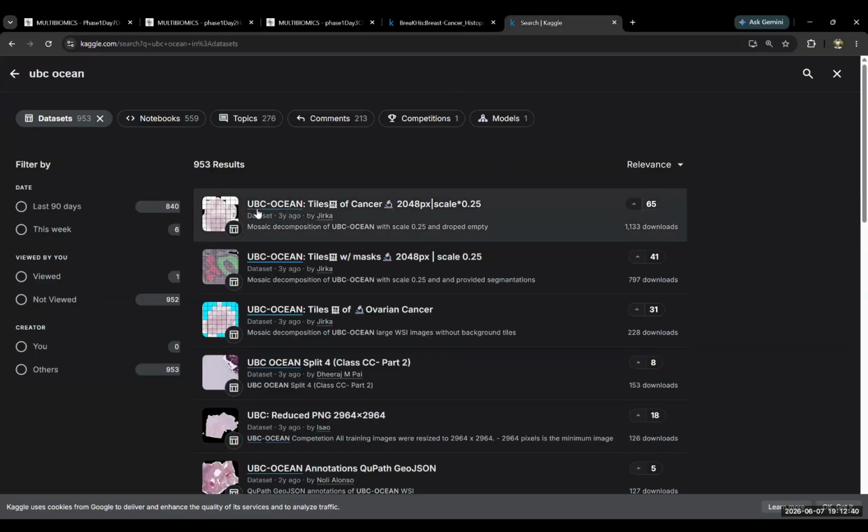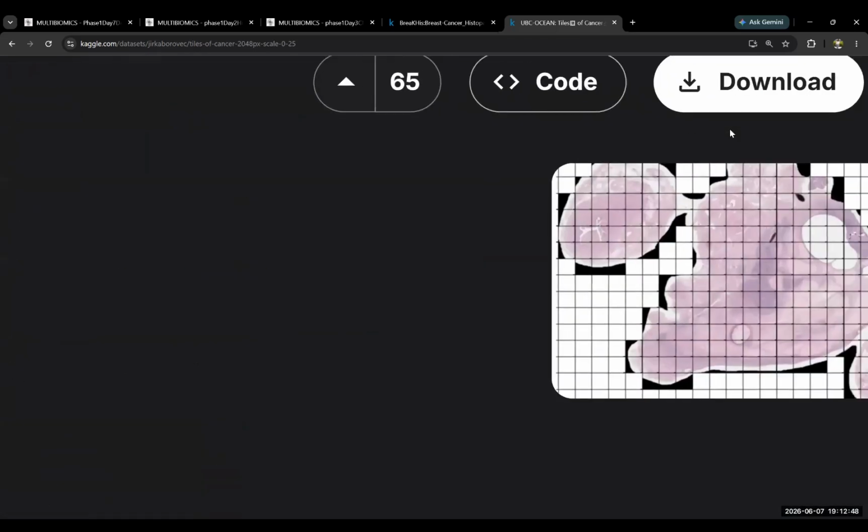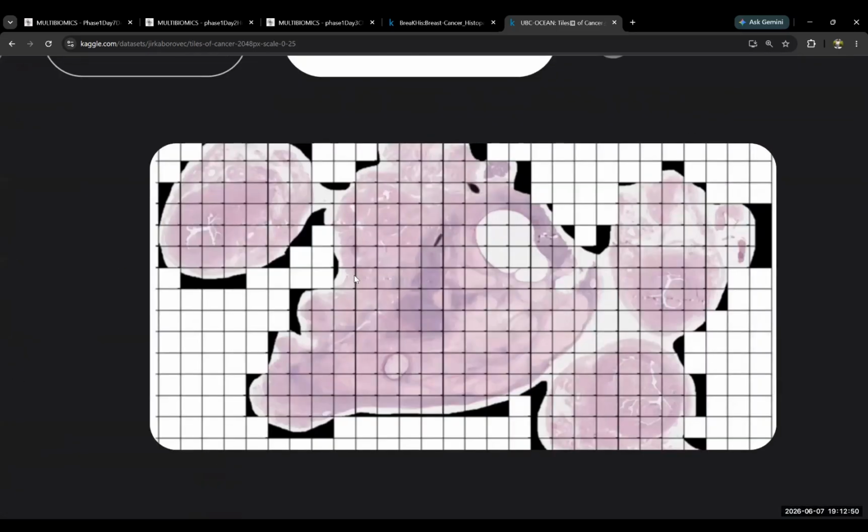So this is the UBC Ocean data set in Kaggle. If you look at this image, the whole image, can you see grids over here? Yes. This is the whole image. Only you can see there are some very white blank grids. So unnecessary details are removed. So these are known as curated data.